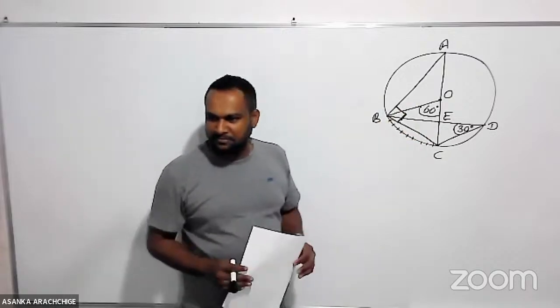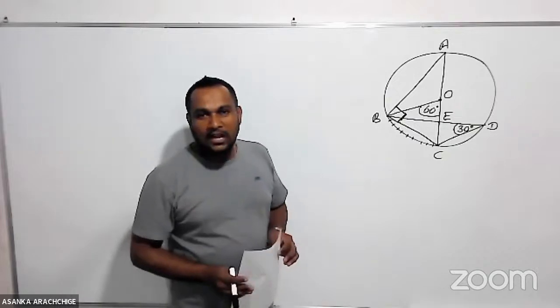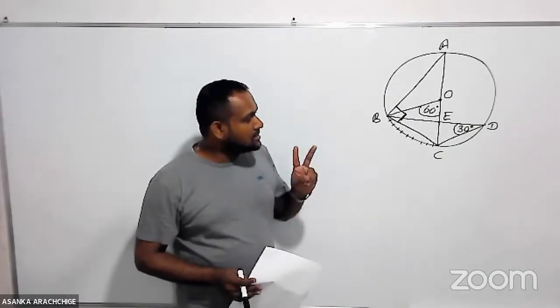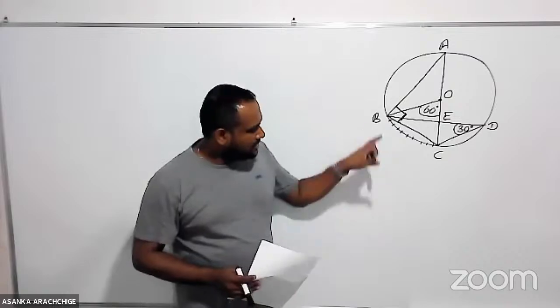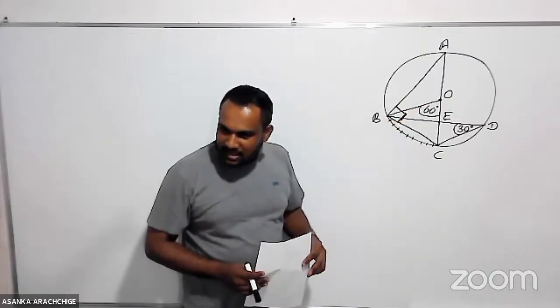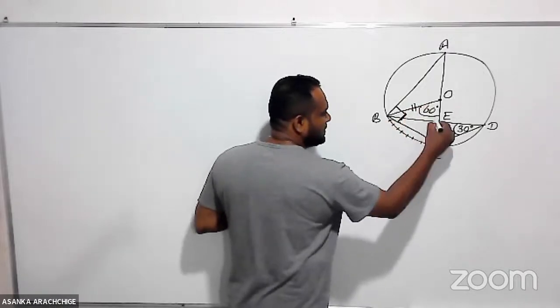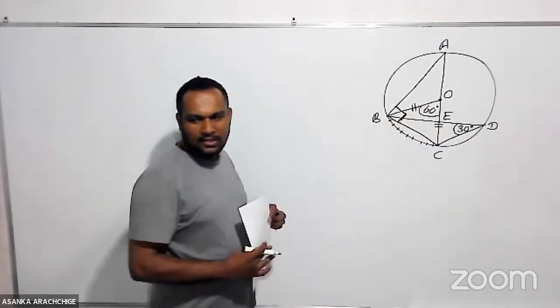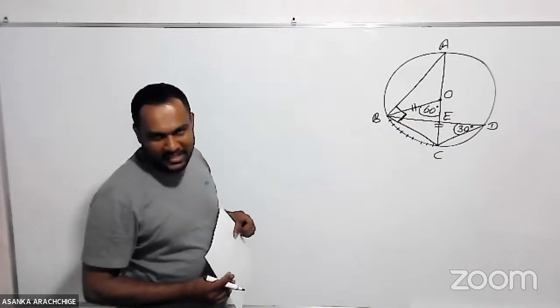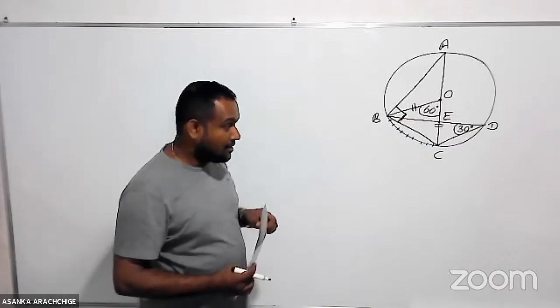Can you say what they are? What are the two sides equal to each other in the triangle BOC? BO and OC. Tell me what is the reason for them to be equal? They are radii of the same circle.